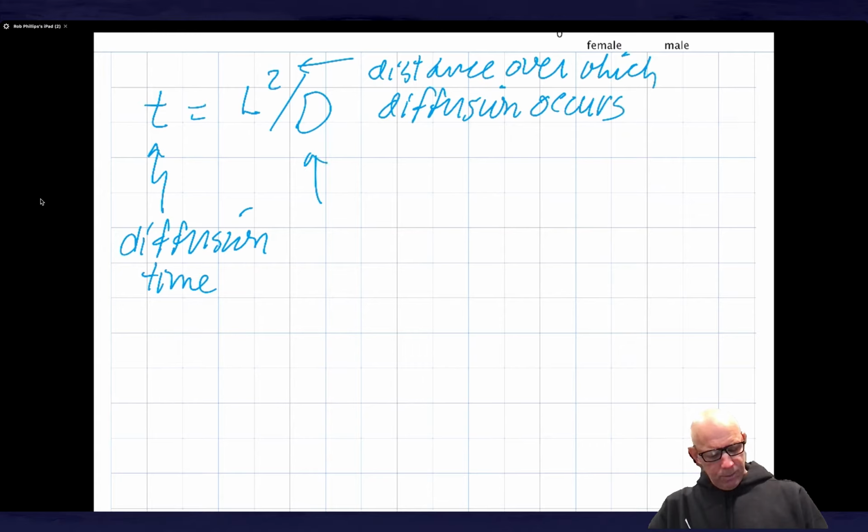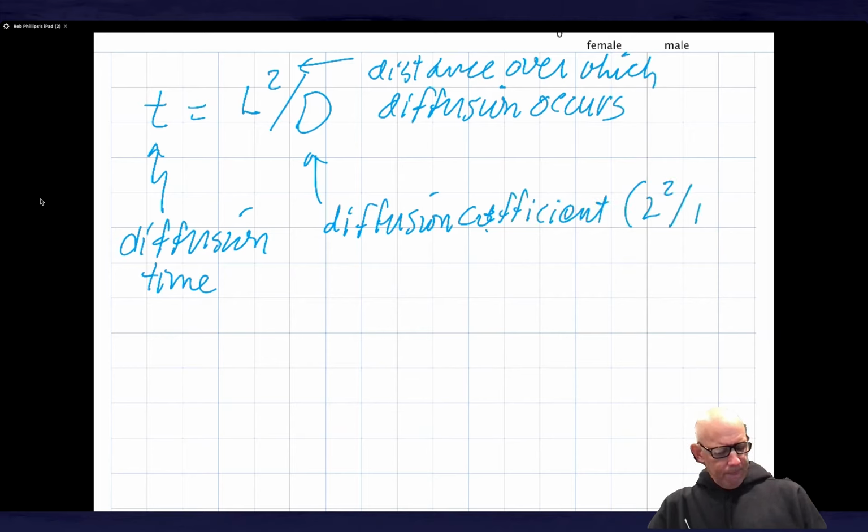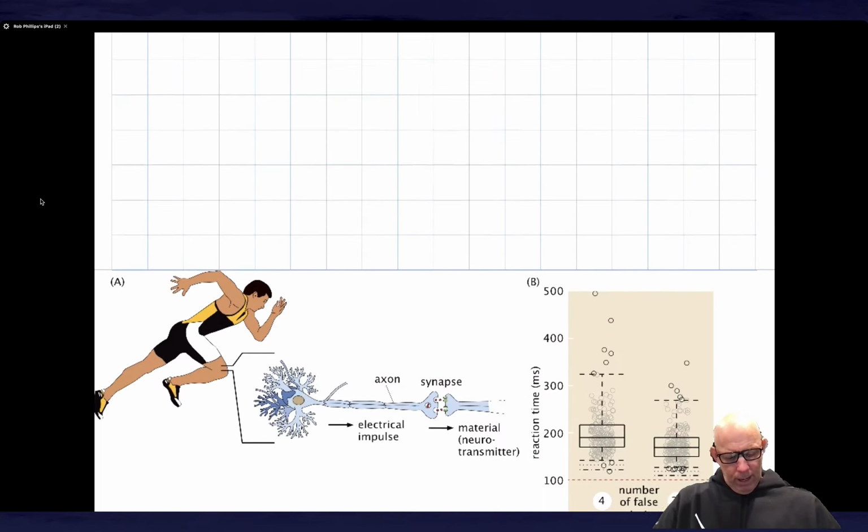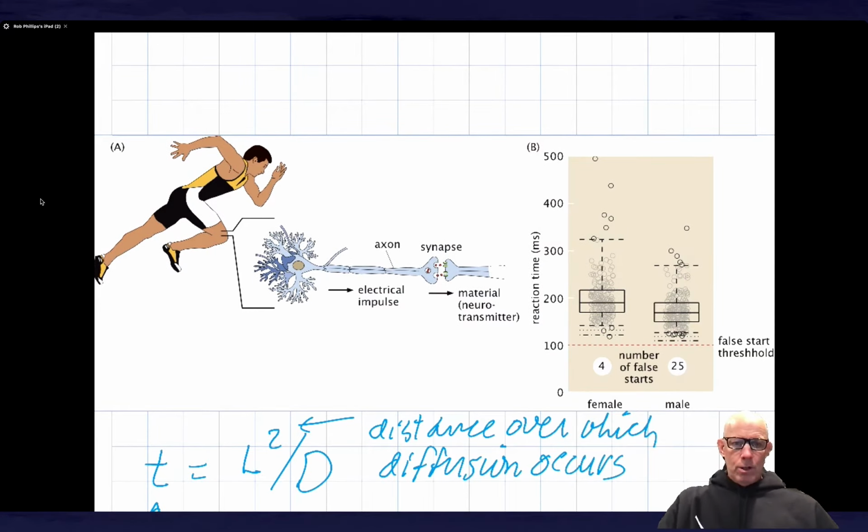And D is the diffusion coefficient, which I remind you has units of length squared over time. Those are the units of that thing. Okay, so all I really wanted to do to close this out, first of all, I remind you that I posed two challenges.